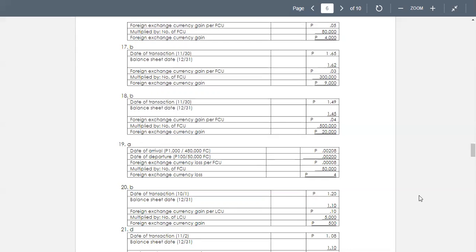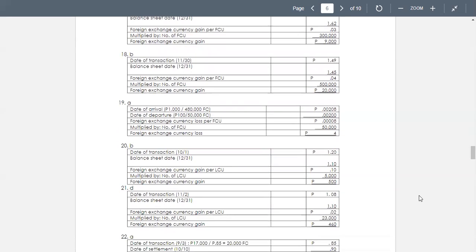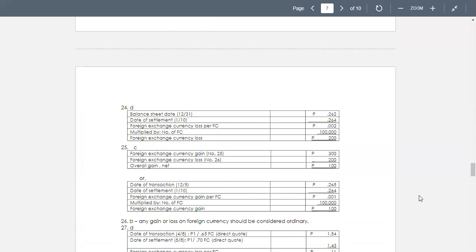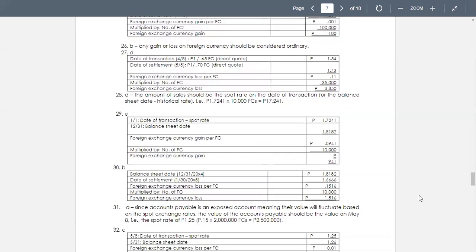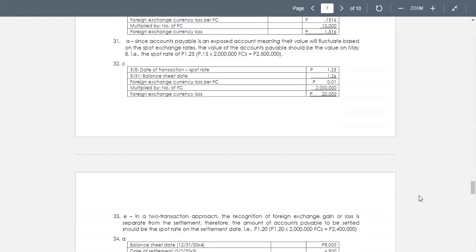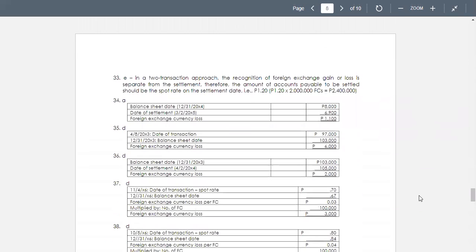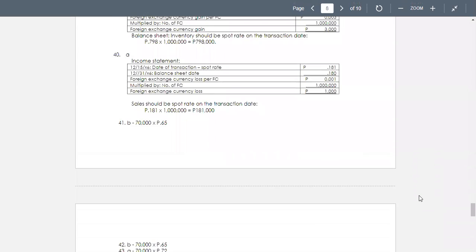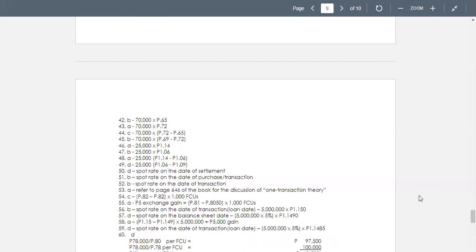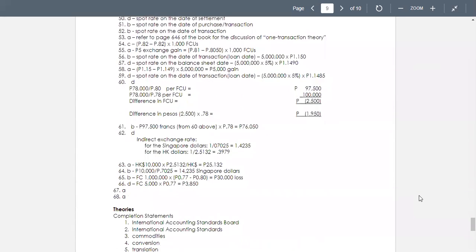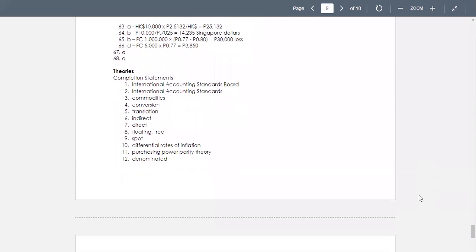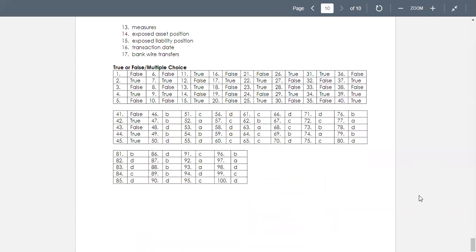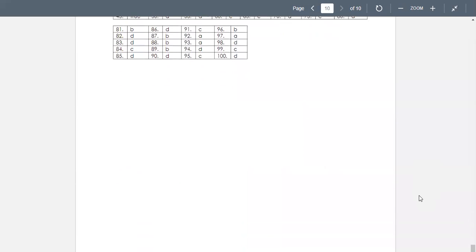Now you have the rest of the answers from number 21 up to the last number I gave you. That was number 40. So you try to study the solutions, as well as here 41, the answers to the rest of the questions, as well as the theories, including the true or false and the multiple choice questions.